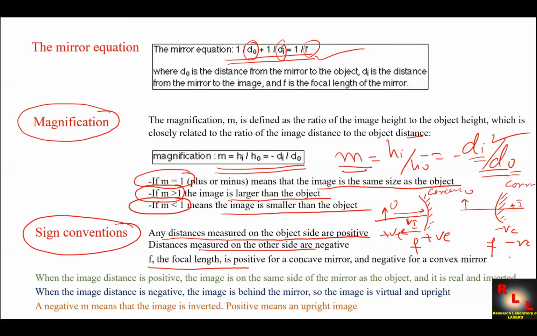Now, what it's saying here is the image distance is positive if the image is on the same side of the mirror as the object, as also mentioned before.